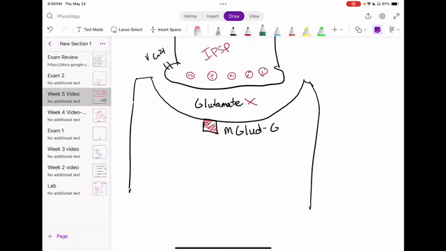But the effect is, when this is active, it actually inactivates another channel called TRPM1, which is a voltage-gated calcium channel. So when this is active, this is inactive. But in this case, we have an inactive receptor and an active channel.